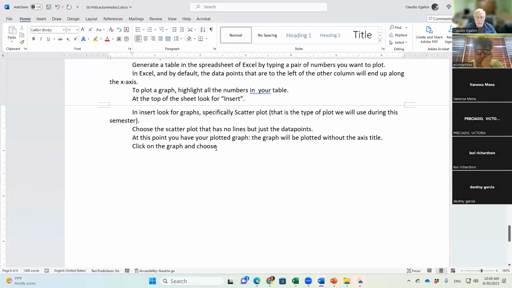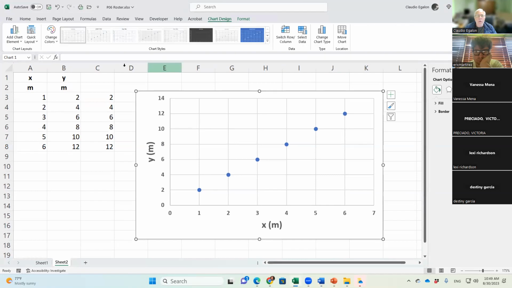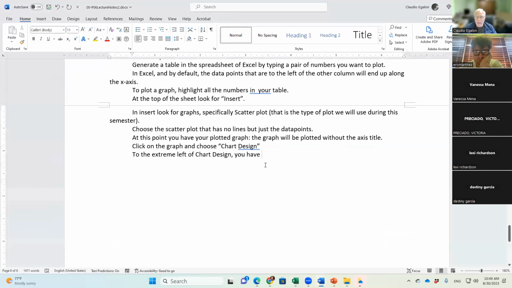Chart design. Choose chart design. To the extreme left of chart design, you have the option add chart element. Click on this option.